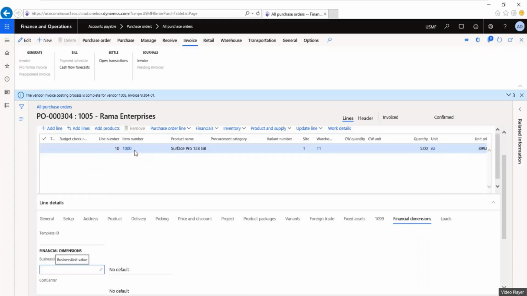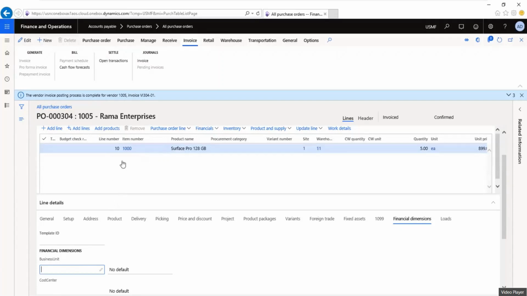Then the first item will be posted as expenses to the first business unit, and the second item to the second business unit. Clear? While doing this one, you can try it. If you really want, let me know, I will show you once again next session.